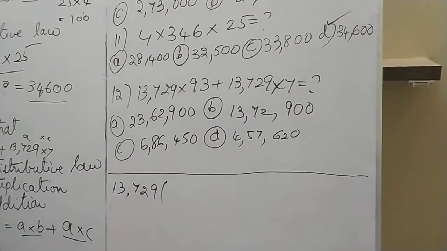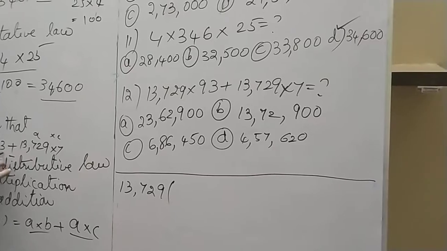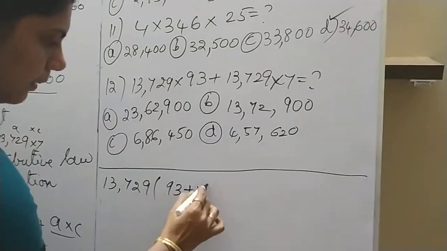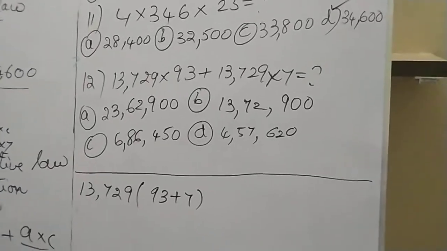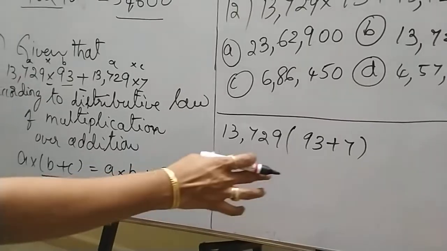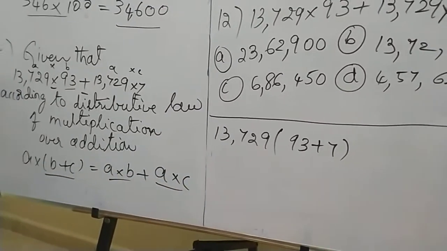Remaining 93, 7. 93 plus 7. So by applying this property here, I am converting like this.